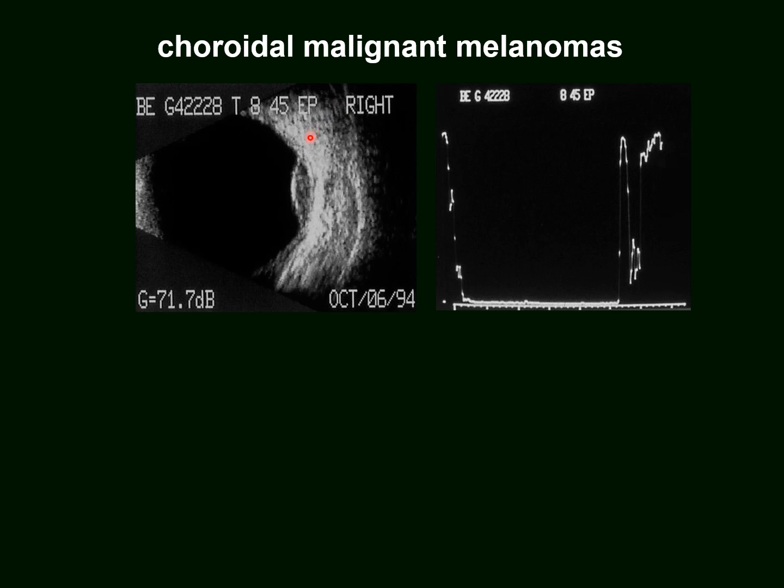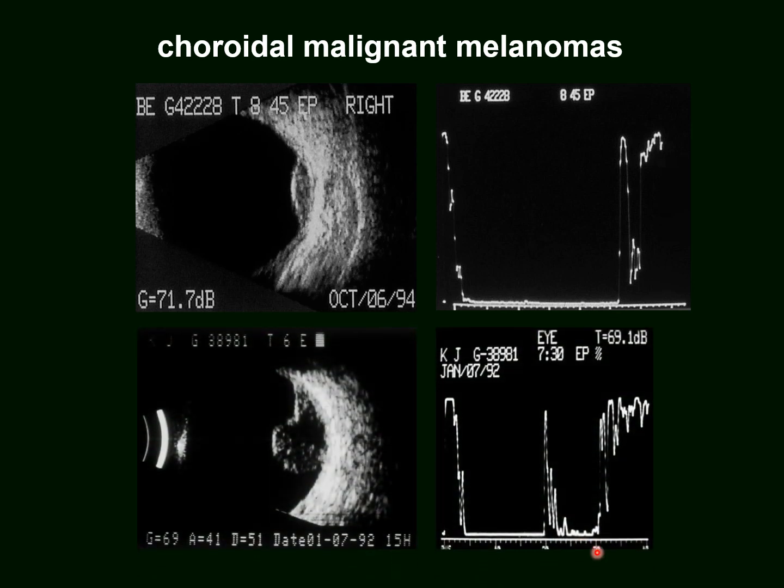Now here we have a choroidal malignant melanoma with a convex surface but a large radius. And we can get a very high spike from the surface when we're perpendicular. Here again the retinal signal smoothly rising, and here the tumor signals.